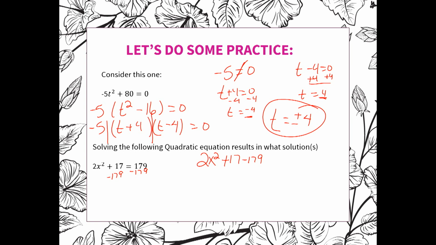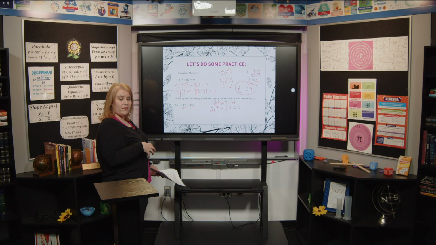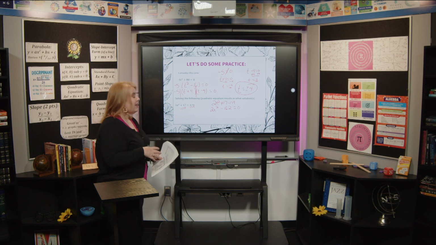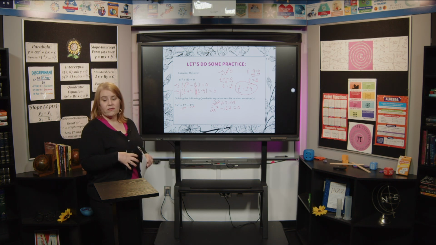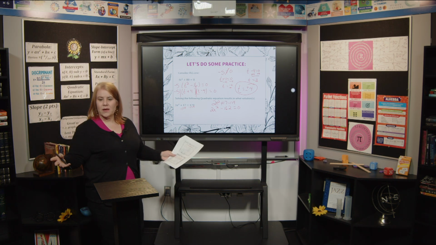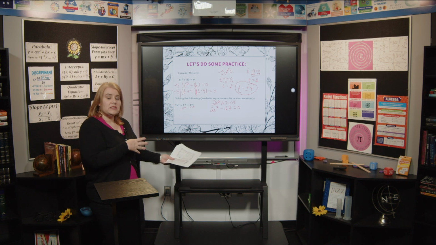You're right. I'm left with 2x squared minus 162 equals 0. Now, same thing, I could take out a GCF, or I could just get x by itself. Let's just get x by itself and see if we get the same thing. May not, may too. Let's see what we got.